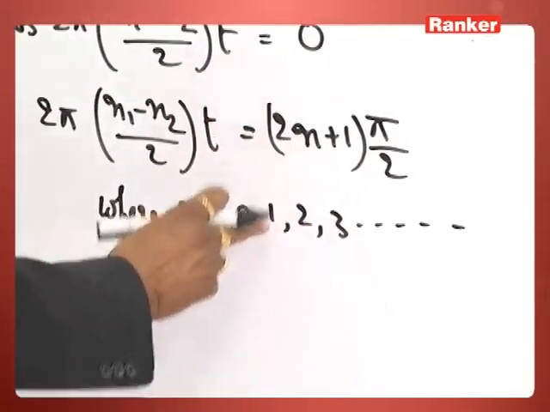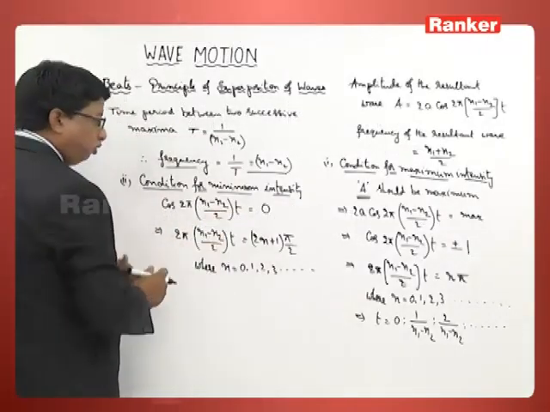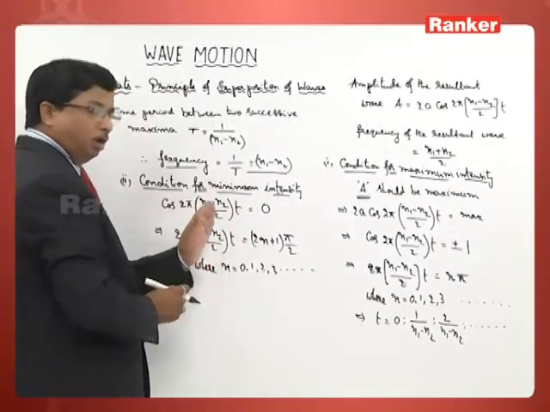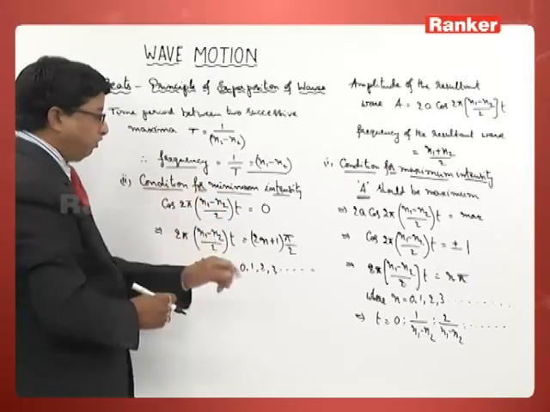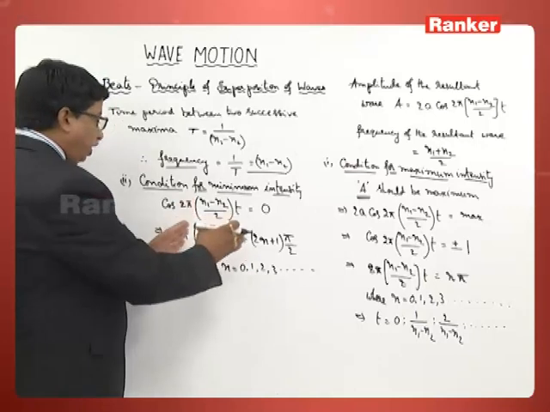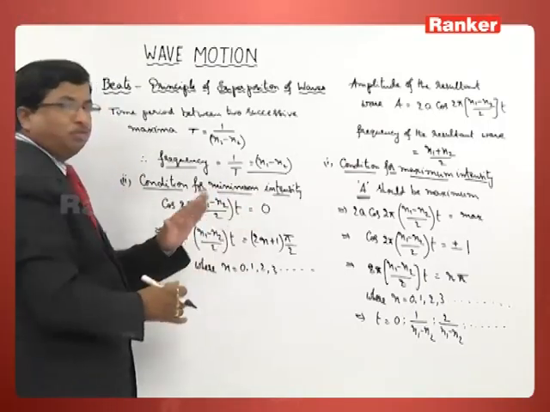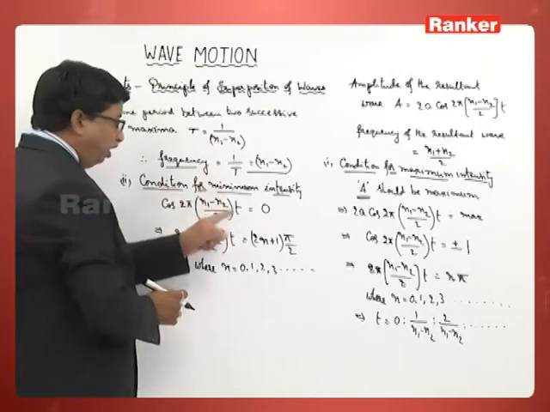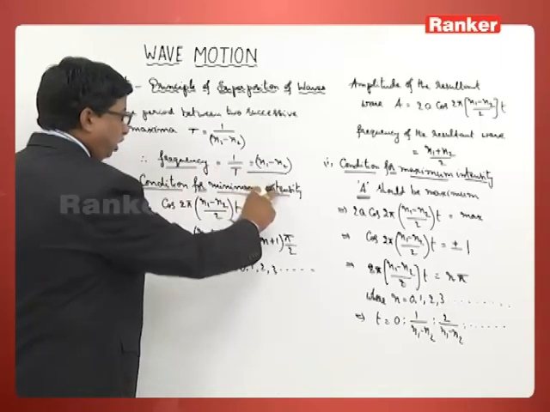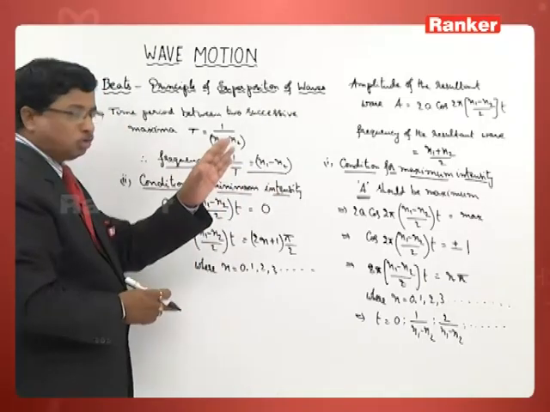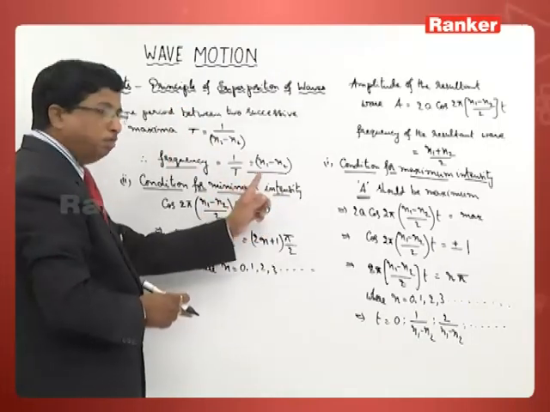If you put n value as 1, you get 3 pi by 2, then 5 pi by 2, then 7 pi by 2, and all these values are odd multiples of pi by 2. That only will make the cos functional value 0. When the cos functional value is 0, we can directly understand that the intensity of the beat produced at that time is going to be minimum.